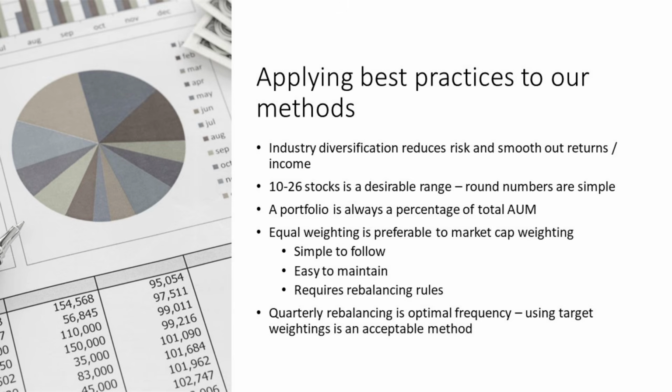10 to 26 stocks is a desirable range just based on the information from the CFA Institute, though if you're thinking about running any sort of a strategy on a product, then you probably want to have 30 names or so. Round numbers are very simple. A portfolio is always a percentage of your total AUM. So if you had a portfolio of 10 stocks, that means that each of those positions would be 10%.